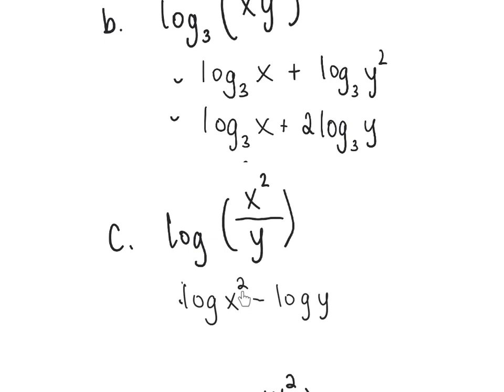And again we have an exponent here, and so applying the power property now, this exponent is going to move down in front of that logarithm and become 2 times log of x minus log of y.